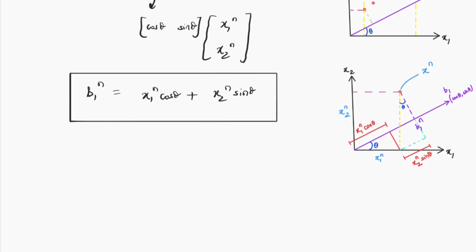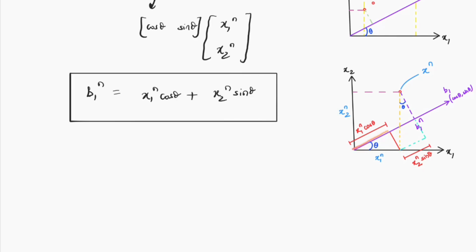And mathematically, we can also understand this using geometry. So now I will explain how. This one is the b1n that we are trying to find out. And if xn is here, then this b1n can be written as this one becomes x1 cos theta, because this one you see is x1n and this is theta, so x1 cos theta is this value.